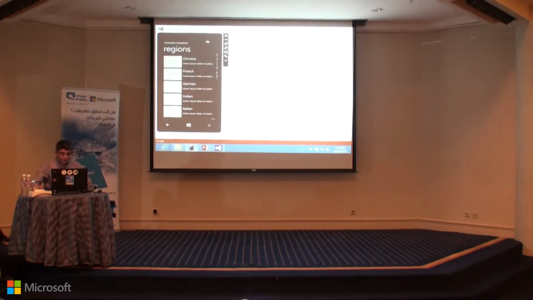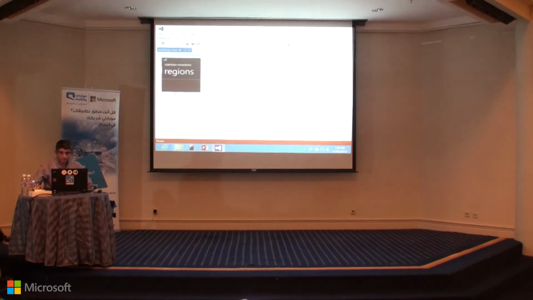If I click on the app bar, I have the About and I have the button. I click on the button, it's going to fire an event handler if I attach an event handler. Clear? So let's move on.